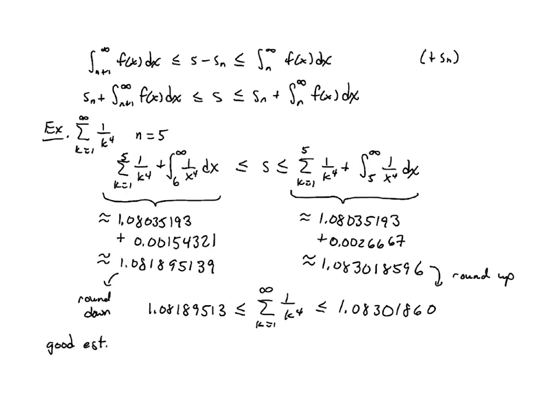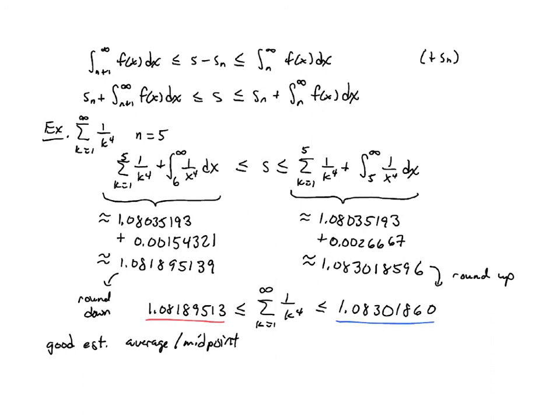Right, so I have a lower bound for that series and I have an upper bound for that series, and that tells me in some sense that a really good estimate would be to split the difference and take the average. In other words, I'm going to take the midpoint of the interval that starts here and ends here.